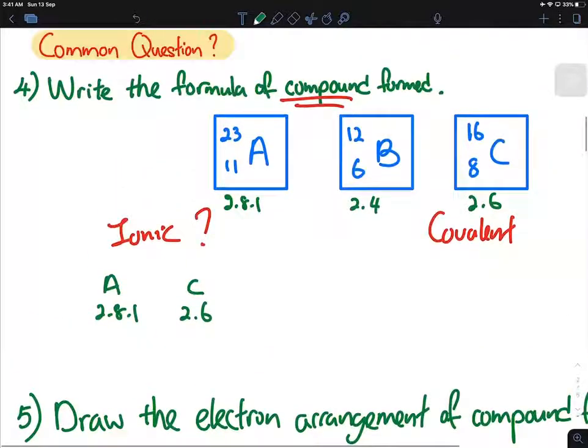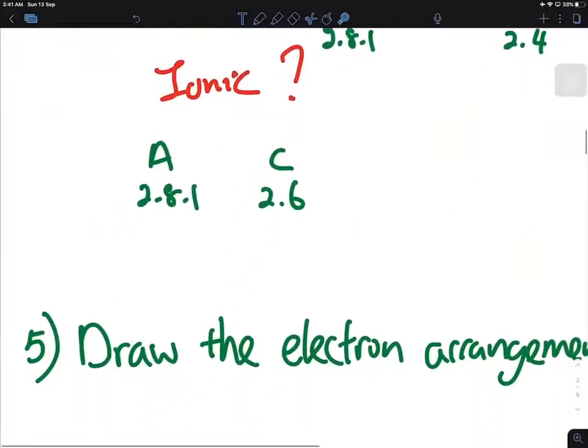How to get the formula? After you got the electron arrangement, what you got to do next is just ask yourself this question. How can these 2 atoms become stable? 2.8.1, as we said, metal donates, so it donates 1, the extra valence electron. 2.6 needs to receive 2 electrons.